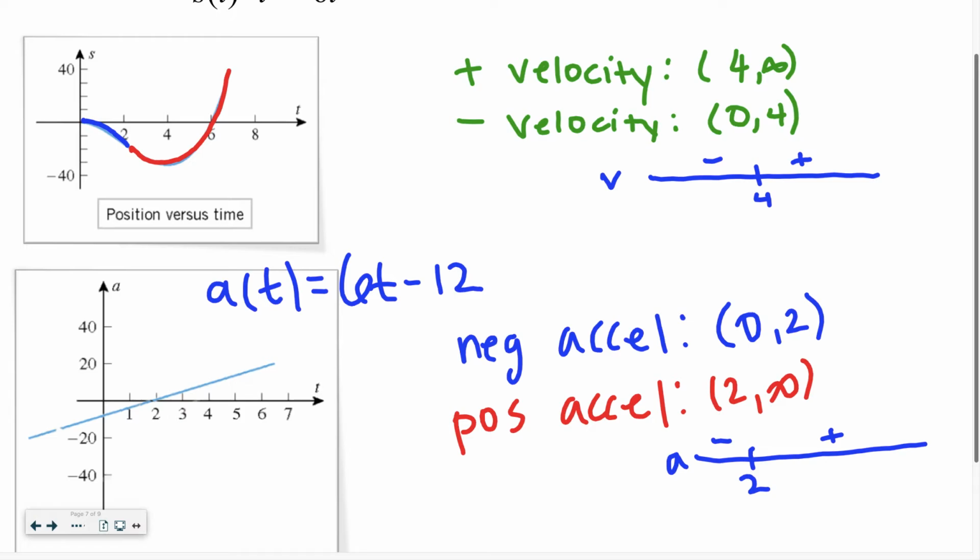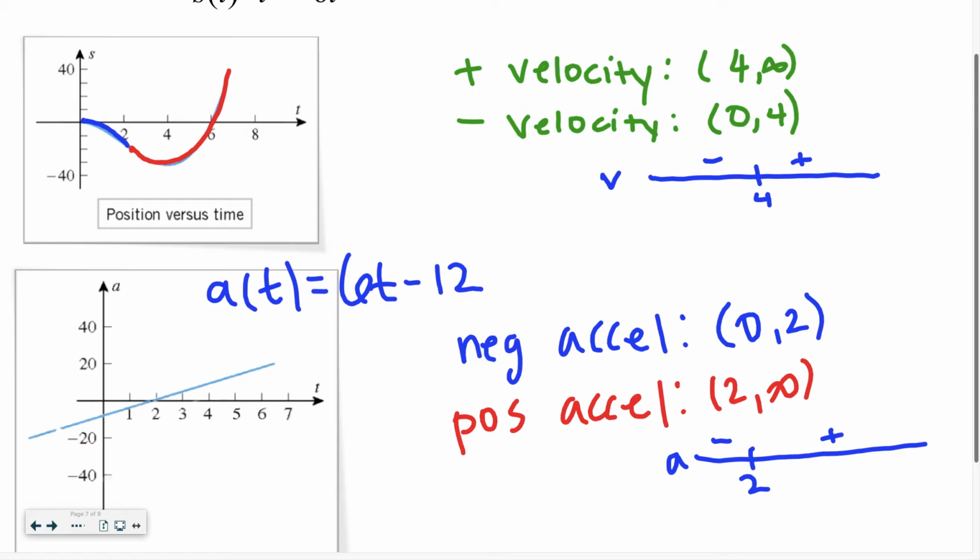Okay, where else would we be speeding up? I see that we have positive velocity from 4 to infinity. And I see that we have positive acceleration from 4 to infinity, don't you? So from 4 to infinity, we are also speeding up. Okay. However, from 2 to 4, I have positive acceleration, but negative velocity.